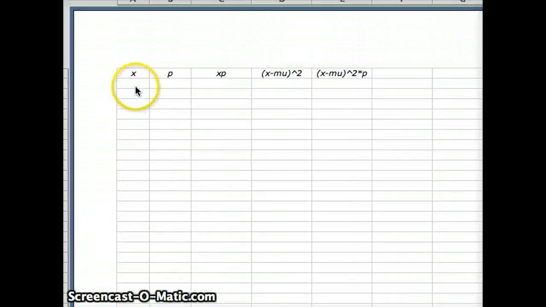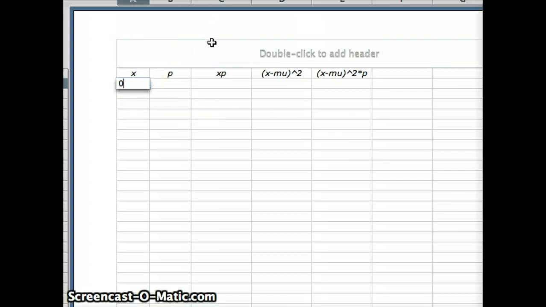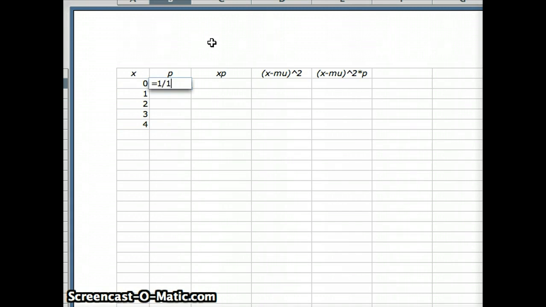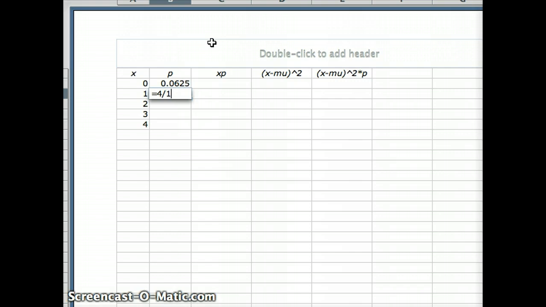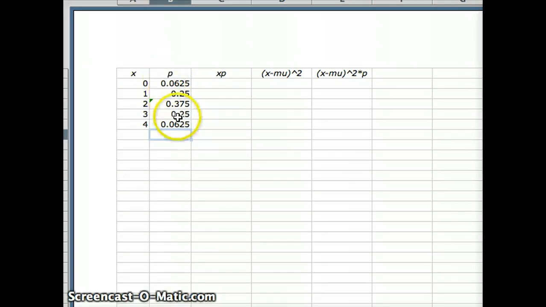So our numerical outcomes are 0 heads, 1, 2, 3, 4, and then 1/16 equals 1 divided by 16, 4/16 equals 4 divided by 16, 6/16 equals 6 divided by 16, 4/16, and 1/16. So there's our random variable, numerical outcomes, each with an associated probability.